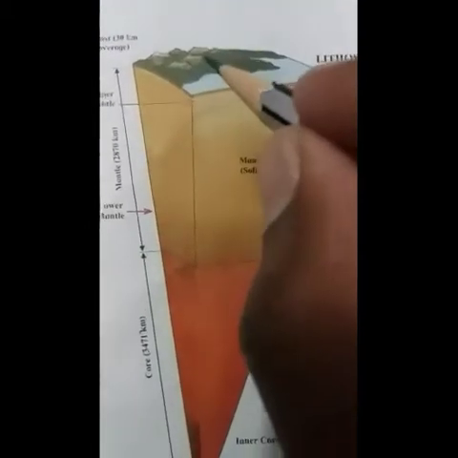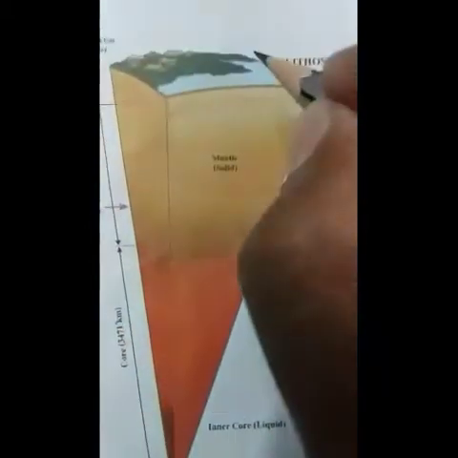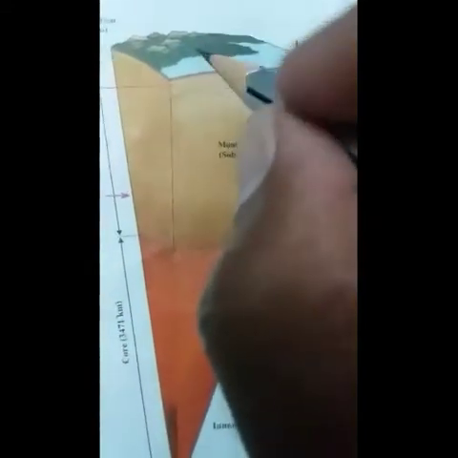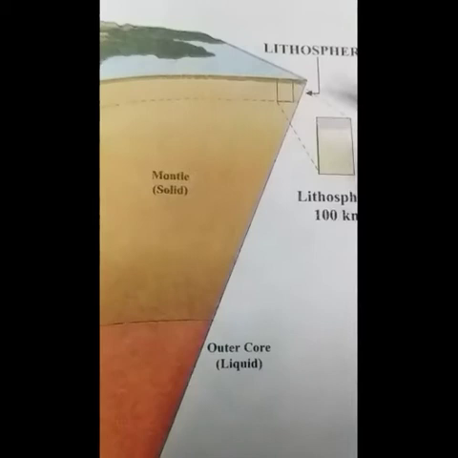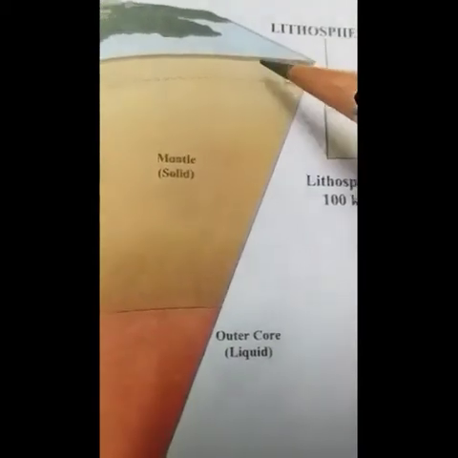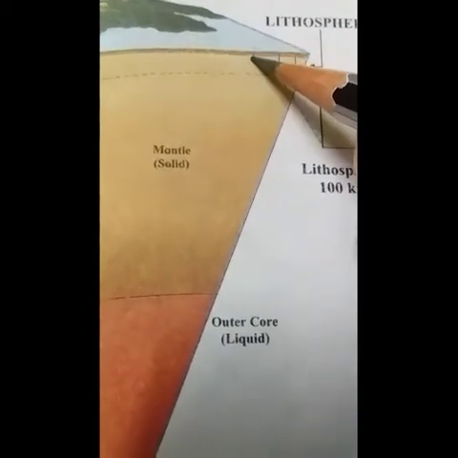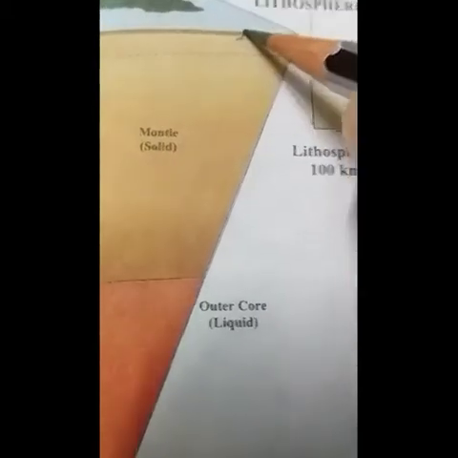The uppermost layer of the Earth's surface is in solid state and is called the crust. The thickness of the crust is not the same everywhere. That means the thickness of this layer is not uniform everywhere. Look at this, this is the thickness of the crust.